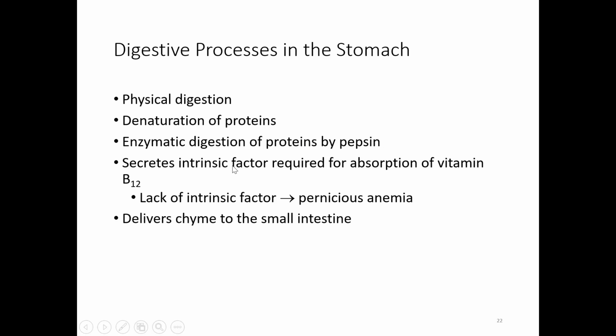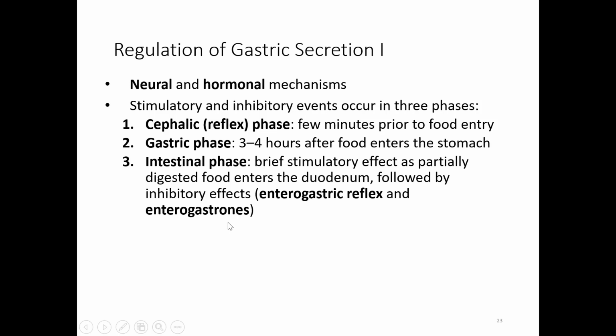Then secretion of intrinsic factor required for absorption of vitamin B12, and lack of vitamin B12 can cause anemia. It's called pernicious anemia. And finally, when food is digested, mostly proteins, the stomach will contract and deliver that food with mixed stomach juice, now called chyme, to the small intestine.